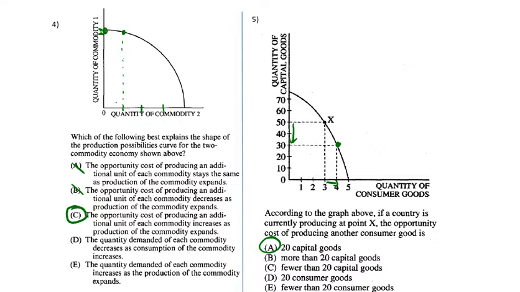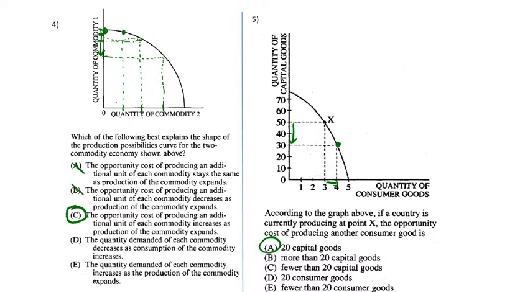Now I want to increase some more for commodity 2. Now I want to jump to here. Well, I've given up a little bit more, it should look like. Now I want to increase from here to here. Now I've dropped even more. It cost me a little, cost me a little more, cost me a little more, and now I want to switch production of everything. I want to produce only commodity 2.